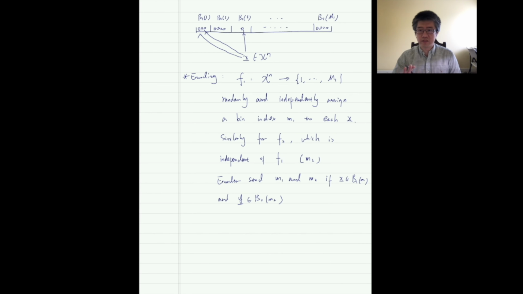So this is the encoding. For the decoding, remember that the encoding has nothing to do with the distribution of both X and Y, and we didn't use any typicality property.